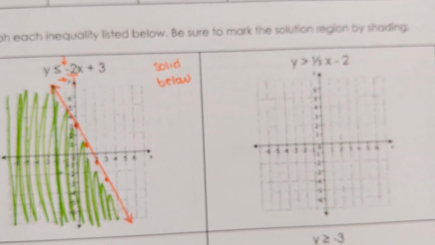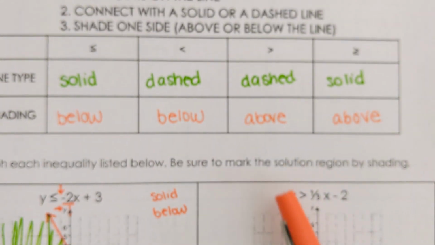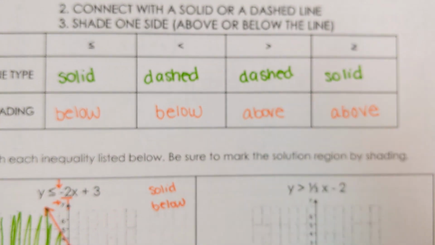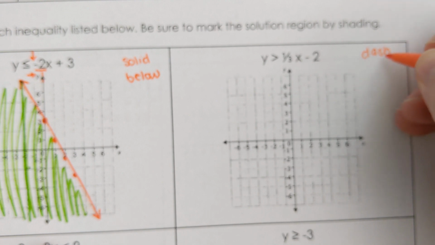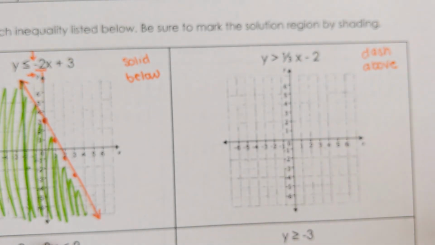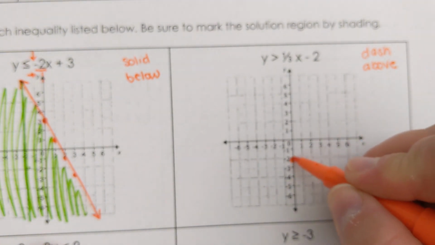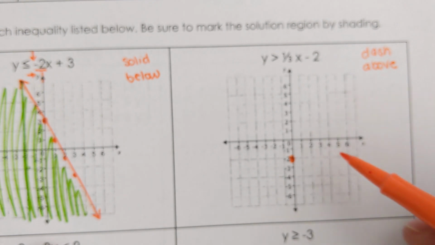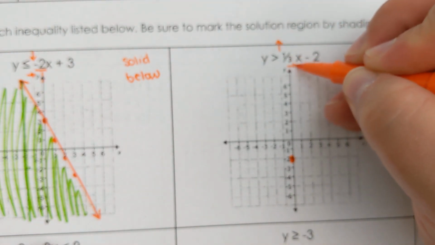Alright, next one is a greater than symbol, which is dashed and above. So I'm going to start my line at negative 2 because that's my y-intercept. And then I'm going to go up 1, right 3.